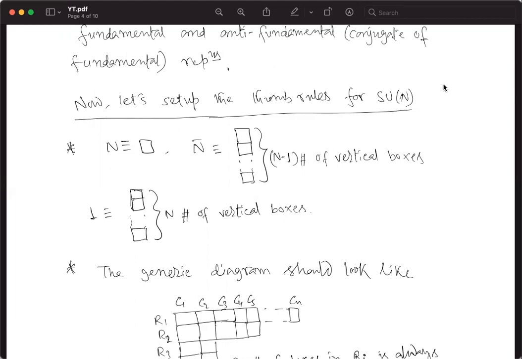So for any given diagram, when you construct it for SU(N), at most we can put N vertical boxes in a column. For SU(N), N plus 1 vertical boxes, or any number of vertical boxes more than N, actually lead to some disaster or wrong result.